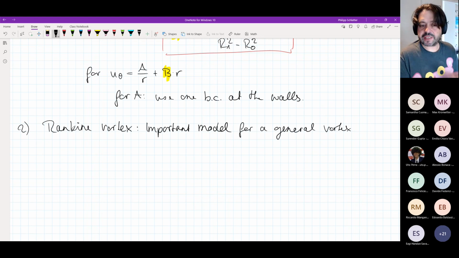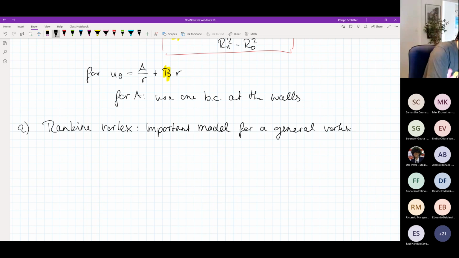I'm just discussing here in this course the Rankine vortex because it's the simplest model vortex, but it has a quite easy underlying idea. So it's very straightforward to understand the reasoning behind its inception.